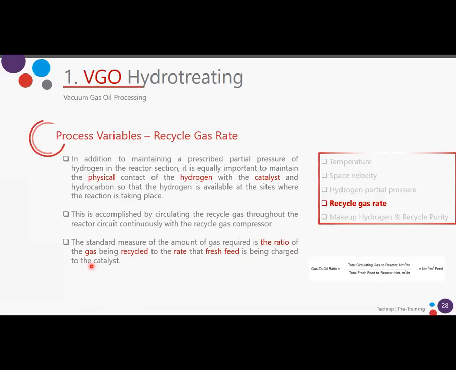Okay, so that's why they mention how they calculate this recycled gas rate, the gas to oil ratio, that is the total circulating gas to the reactor divided by the feed to the reactor. Okay.